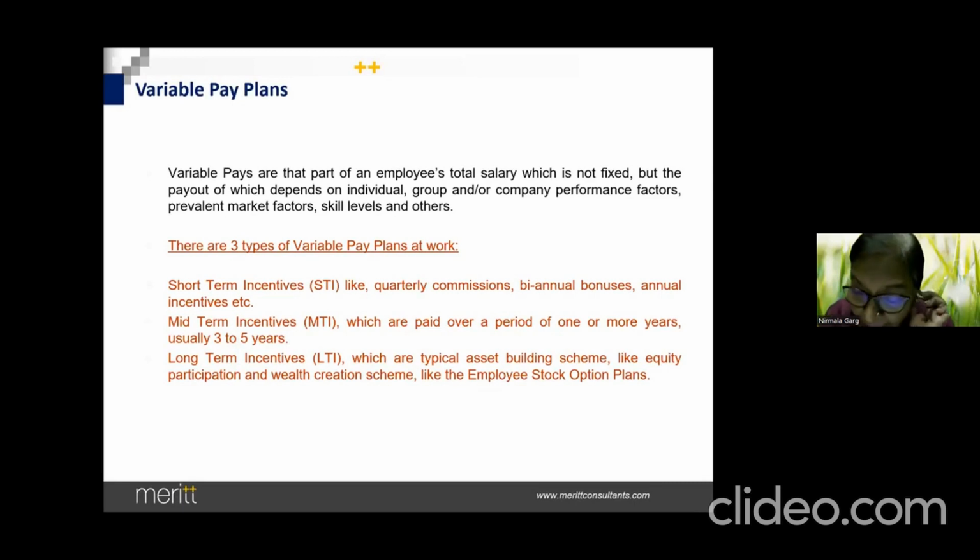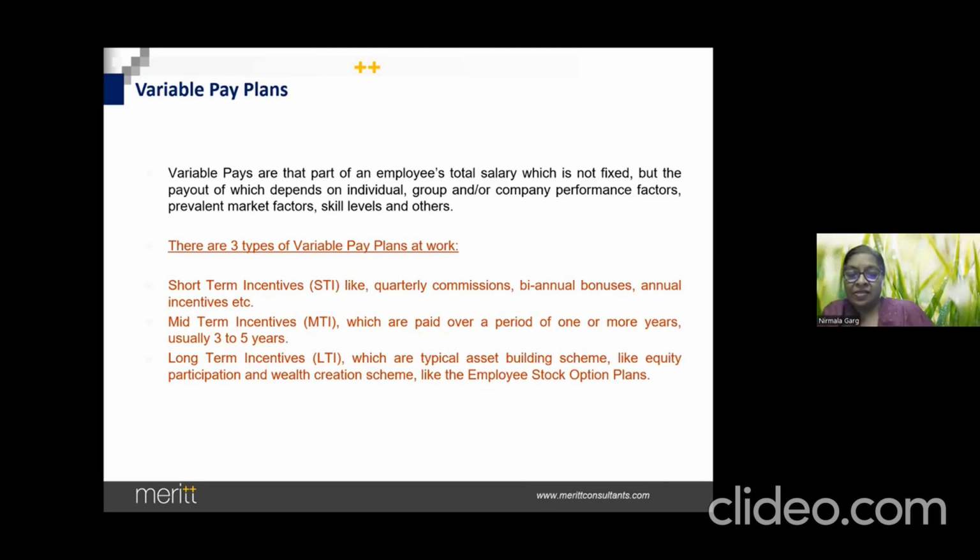Yes. Now we are coming to the next category. Somebody said ESOPs. Dhruva said employee stock options. Now let us look at variable pay plans. There are certain incentives, for example, STI. What are they called? Short-term incentives.